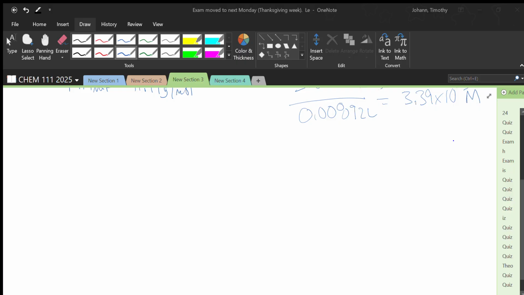Okay. So molarity is equal to moles divided by liters. Let's write moles, so we don't get confused by the capital M's and the L's.